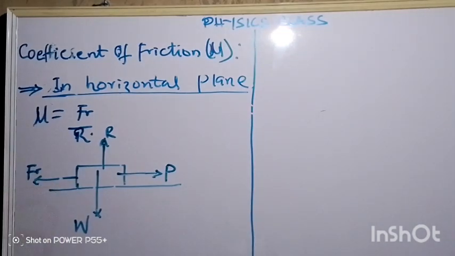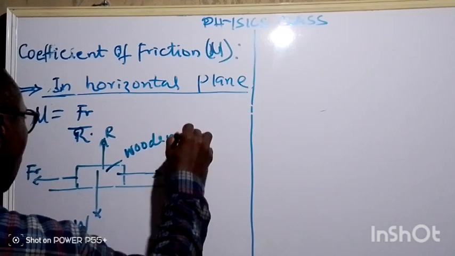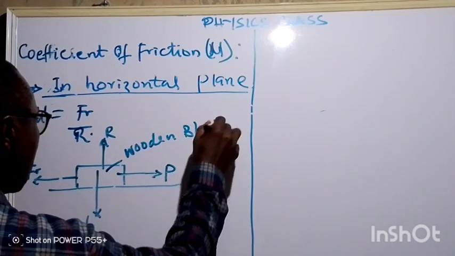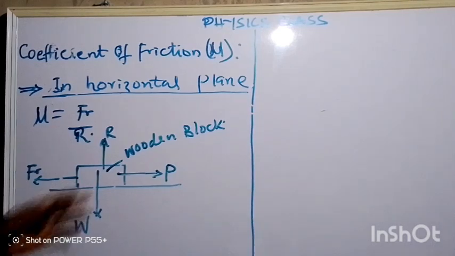Now, for this body, let's say this is a wooden block placed horizontally on this smooth or rough surface.